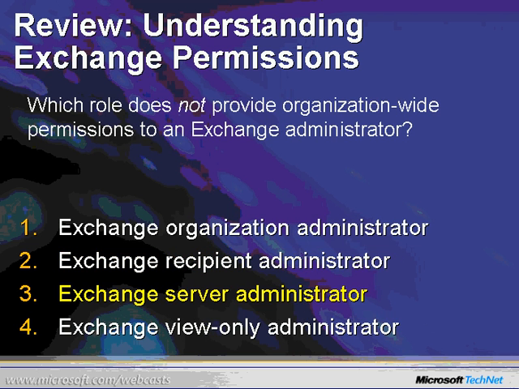And the final review piece was the permissions required to manage just a given server, that don't apply to the entire organization. I mentioned that earlier, that's the Exchange Server Administrator. Because a Recipient Administrator could administer recipient information for the entire organization, whereas the Server Administrator is only going to administer server-specific stuff.